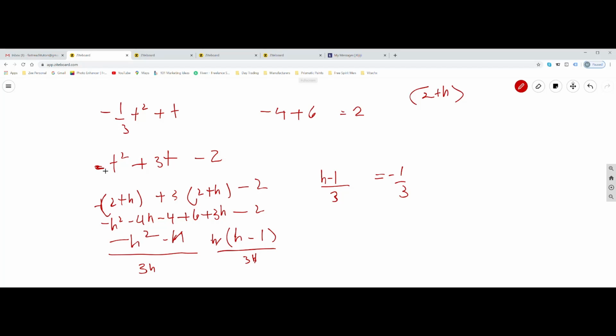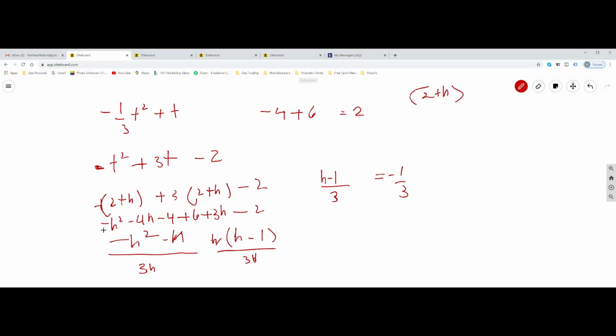If we multiply the whole equation, it would be negative t squared plus 3t. And when you put in 2 to this equation, you get negative 2. Wherever there is t, we're going to substitute 2 plus h.